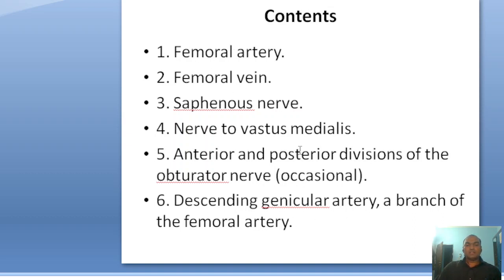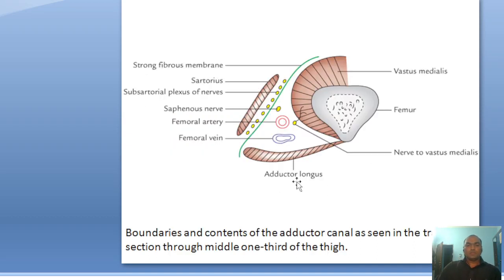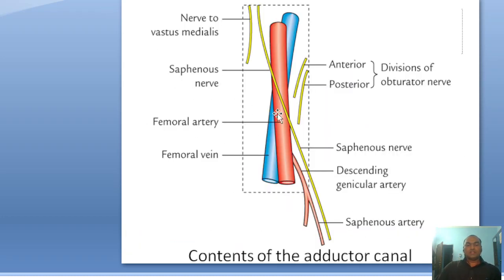In the diagram, this is the femoral artery, this is the femoral vein, this is the nerve to vastus medialis supplying the vastus medialis muscle, this is the saphenous nerve, and this is the subsartorial nerve plexus behind the sartorius.